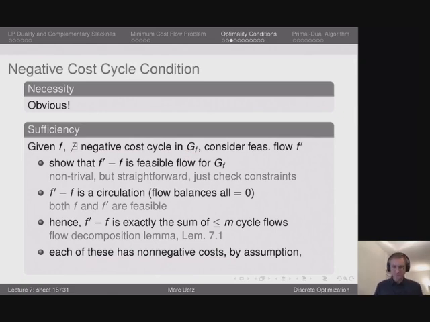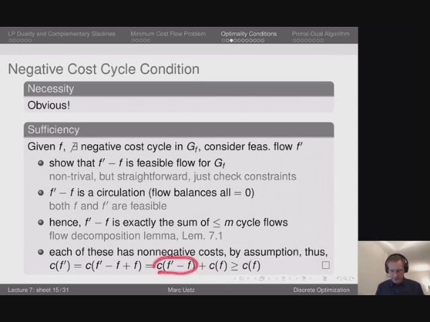That's our assumption. And now we can just express the cost of this arbitrary flow F prime. This is just vectors, right? That's the cost of F prime minus F plus F. So I just add this 0 here. Everything is linear, so that's the cost of the difference flow F prime minus F plus the cost of F. And we just argued that this difference flow is the sum of at most m cycle flows, none of which has negative costs.